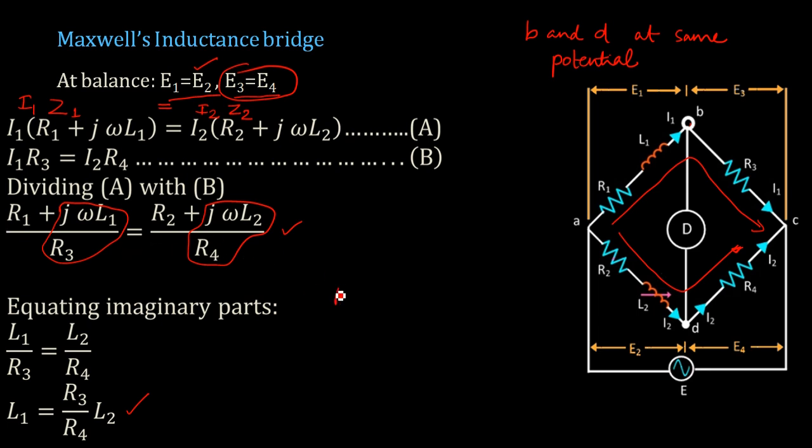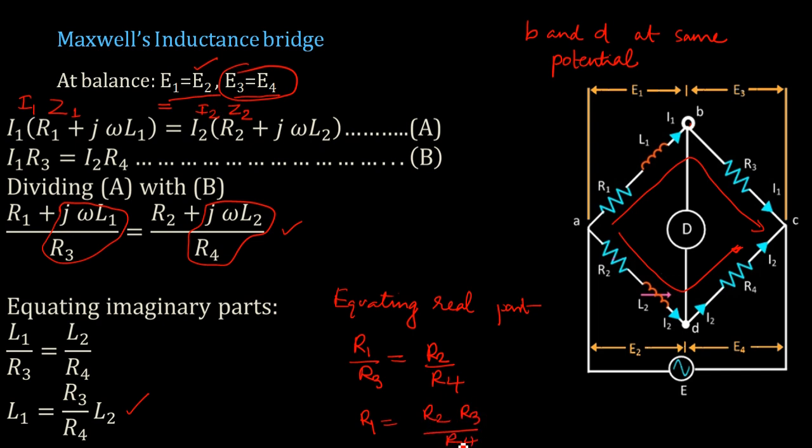So if you equate the real parts of the equation, we will have R1 by R3 equal to R2 by R4. So here R1 will be equal to R2 into R3 by R4.